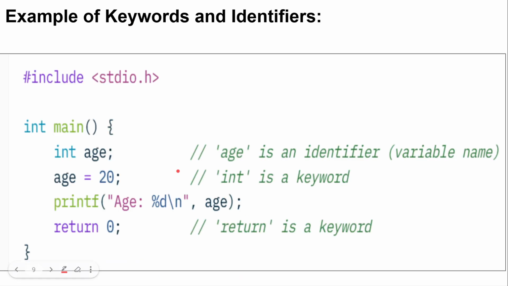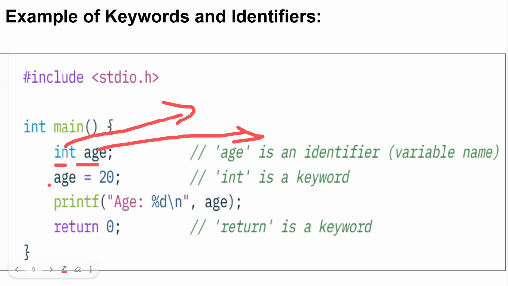I have a small example to understand keywords and identifiers. Here we have a small program where I have written a main function with int age. Here you can see the identifier declaration. Age is declared as an integer type, so I can store only an integer value into age. Here int is a keyword, age is an identifier.